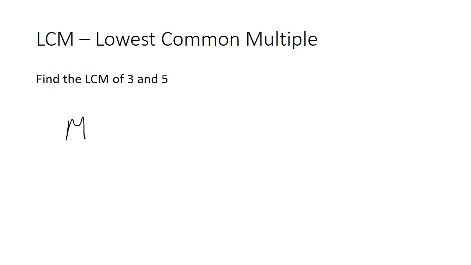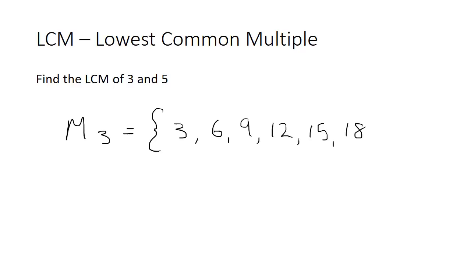The multiples of 3. And I'm only going to do the first couple because we're looking for the lowest multiple that both of them have. So let's start counting in 3. So it's going to be 3, 6, 9, 12, 15, 18. Let's see if that's enough.